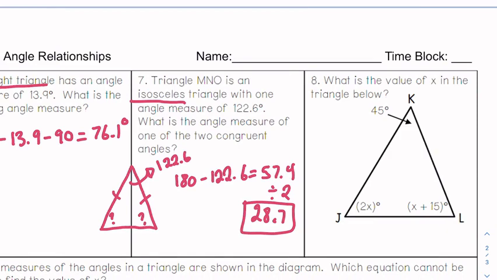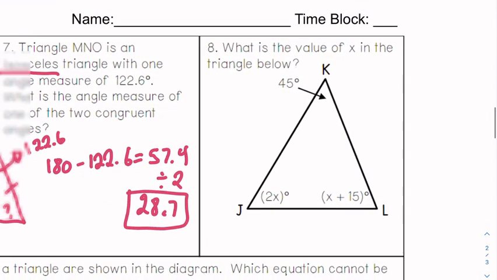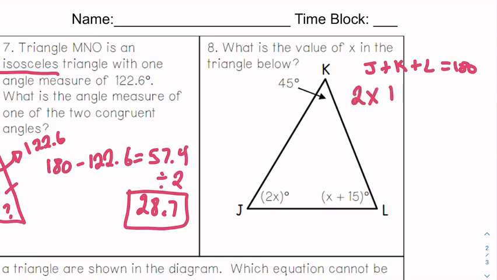All right, last one we're doing together. Number 8, what is the value of x in the triangle below? All right, so we know that this triangle, all three angles equal 180 degrees. We also know that angle J is 2x. We know that angle K is 45, and we know angle L is x plus 15.